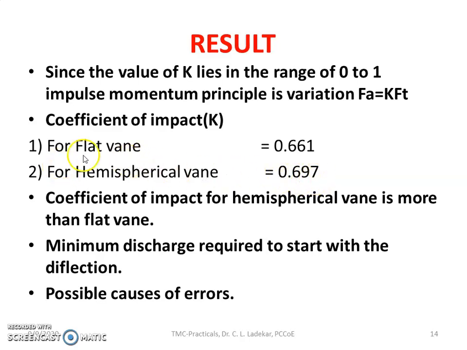So it shows that the coefficient of impact for the hemispherical vane is more than the flat. Obviously it will be, because the curvature leads to better impact, and that's why the coefficient of impact is better in the case of the hemispherical.